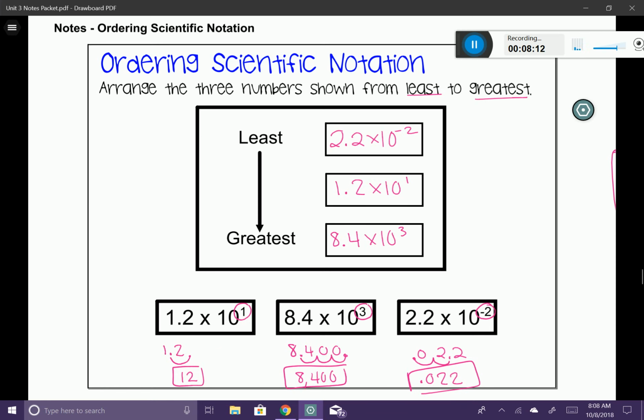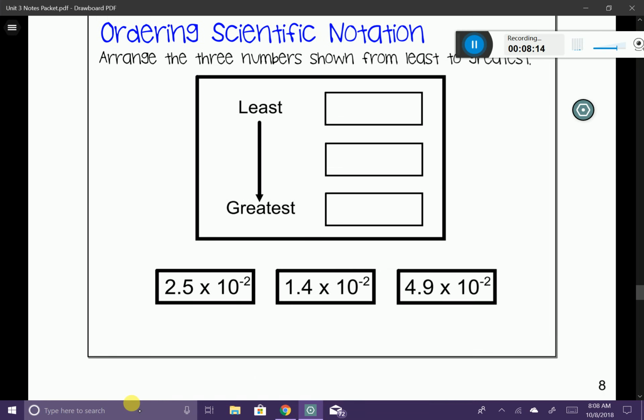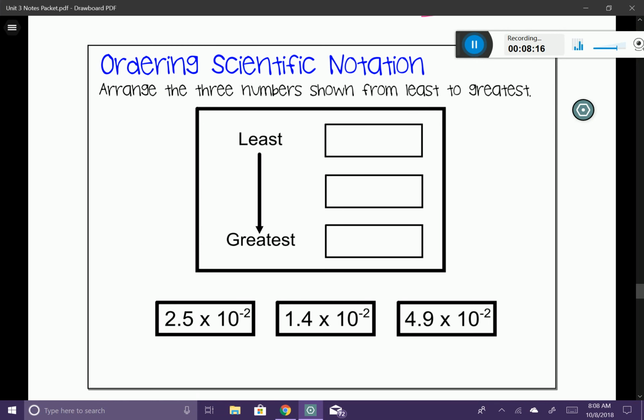All right, I have one more example for you. Again, feel free to pause the video and try this one on your own. This one is probably the hardest of all 4 of them. All right, the first thing I want to do is this. I want to go ahead and look at my exponents. -2, -2, and -2. Well, since all 3 of these exponents are the same, that means that I can't just look at the exponents to order them. I actually have to refer to my bases now.